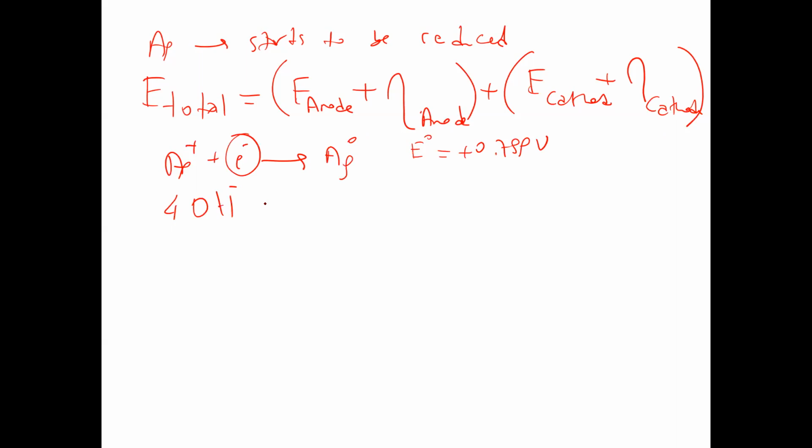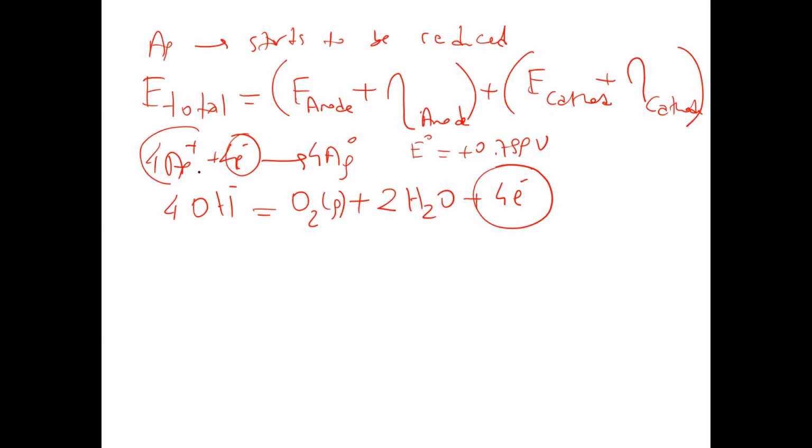Hydroxide gives off oxygen gas to form water plus 4 electrons. These 4 electrons are taken by silver, so that silver is reduced into metallic form. And this takes place in the anodic compartment.